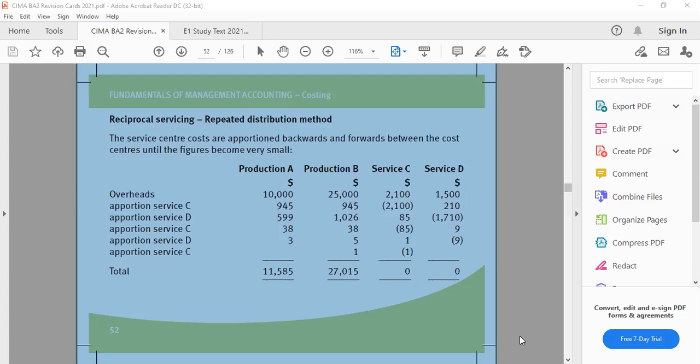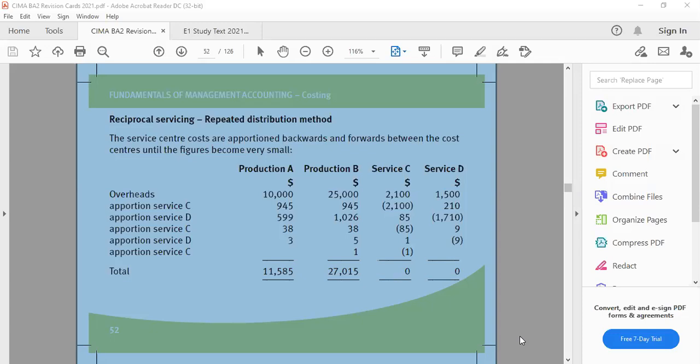See, under production department, there are two departments, A and then B. Then we have it here, C and D, service departments. The overheads are incurred by all of them.